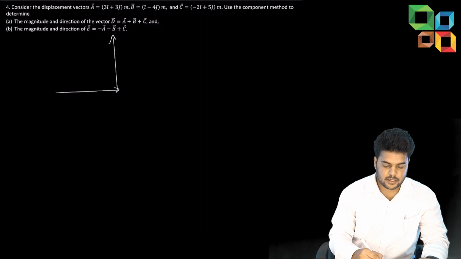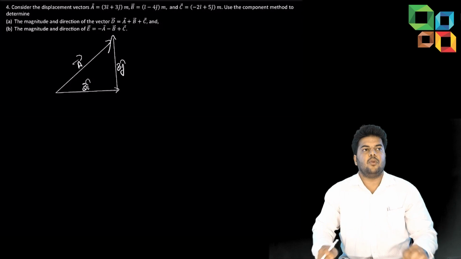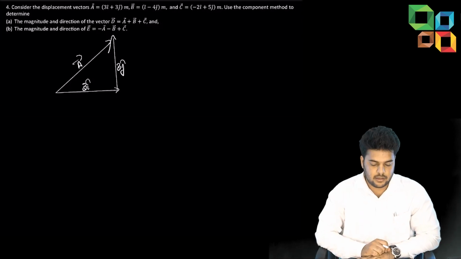And the resulting vector is A vector. Add the two vectorially according to the triangular law, and you get the A vector.